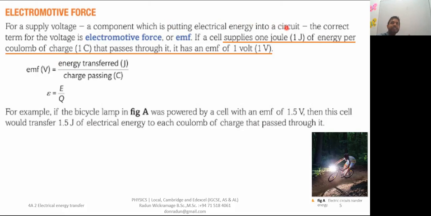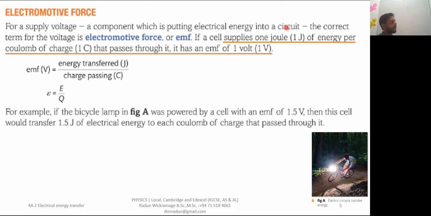It is not electricity, it is some other thing, right? So this component, the solar panel, takes energy from the solar light, or you can take it as photon energy. So photon energy has been transferred into electrical energy. Then you can easily understand it as an EMF source, right? The name for this voltage is electromotive force, so in short we call it EMF. It is correct to use even in the exam, EMF, right?